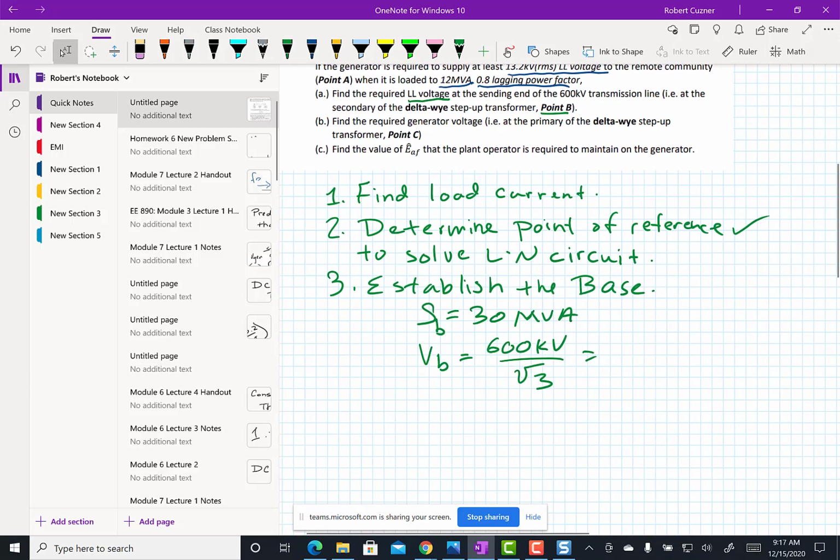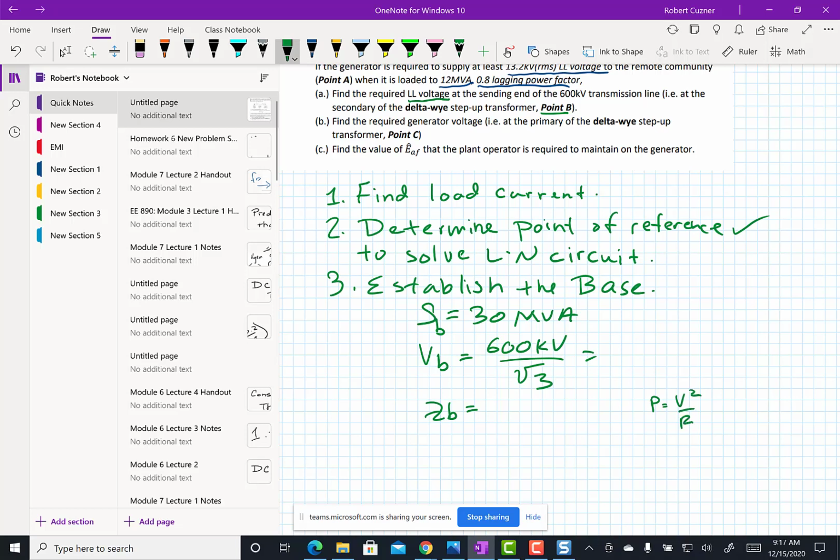Then ultimately you need a Z base. You don't really need an I base, but you can do this in one step. I always have to think about this. P equals V squared over R, right?